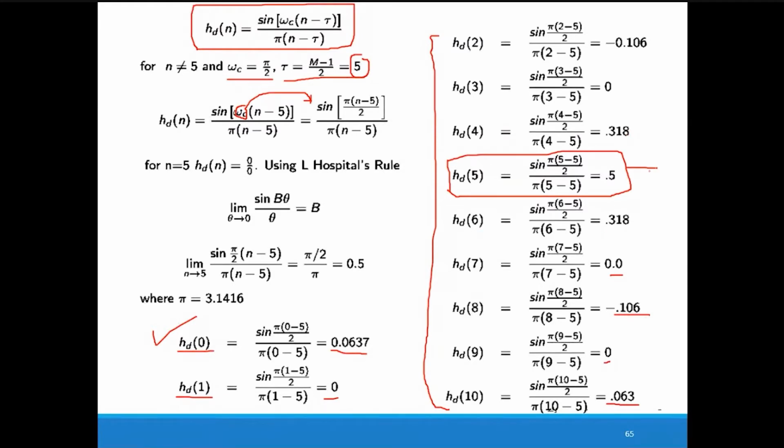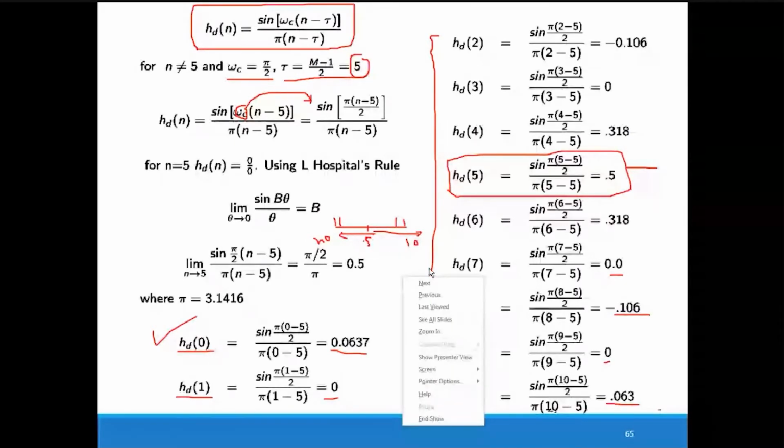So your filter is symmetric like this. This is the origin, and these are all values from h_d(0) to h_d(5). This is the center, 5, and after this, 5 to 10. Whatever value you get at this place, the same value you get at h_d(10). Similarly, h_d(1) has the same value as h_d(9).